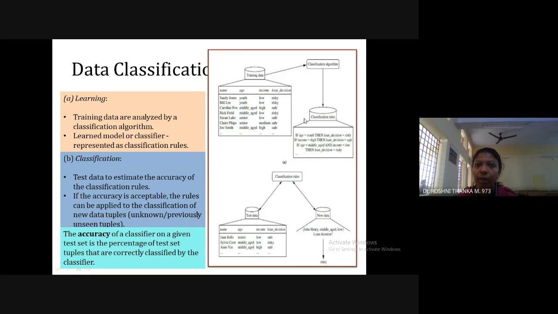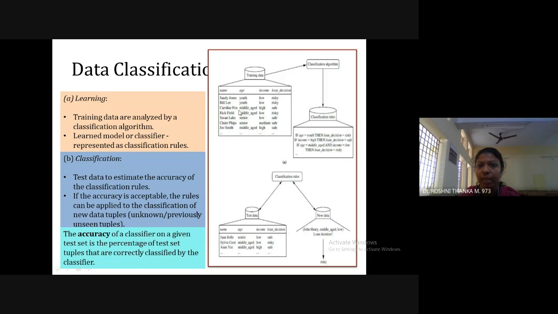Here the model is a set of classification rules. If the person's age is youth and income is high, then it is safe to give a loan.